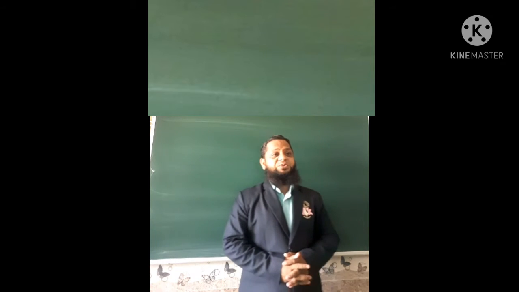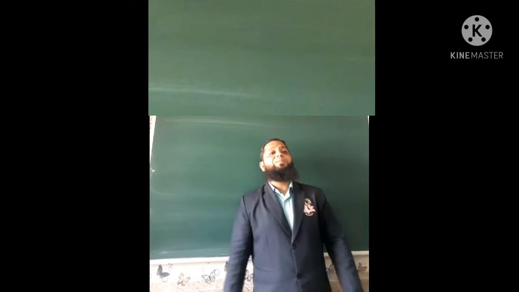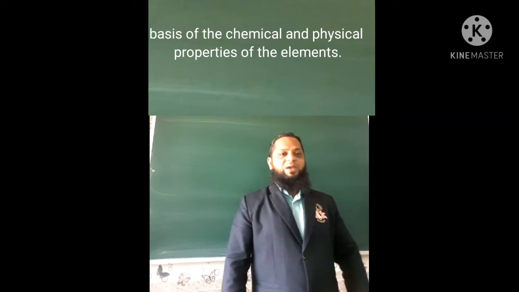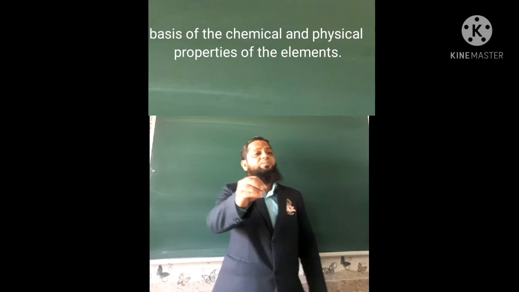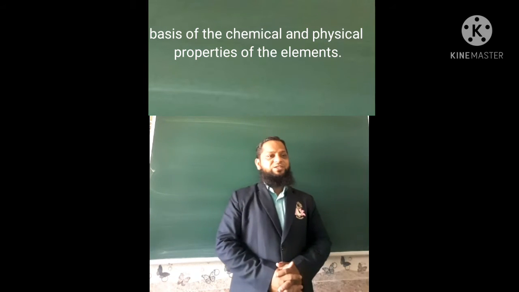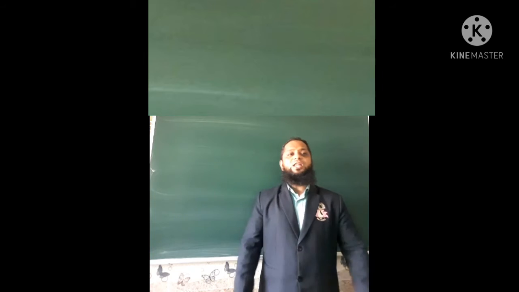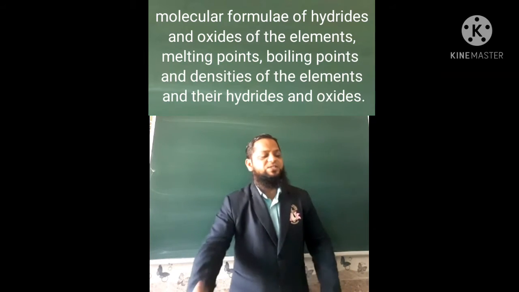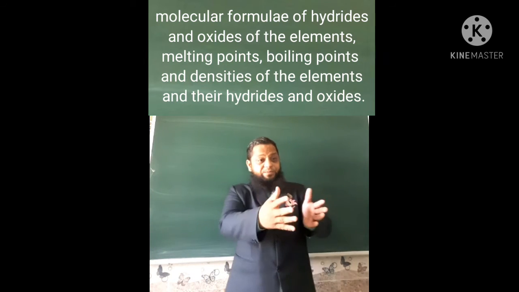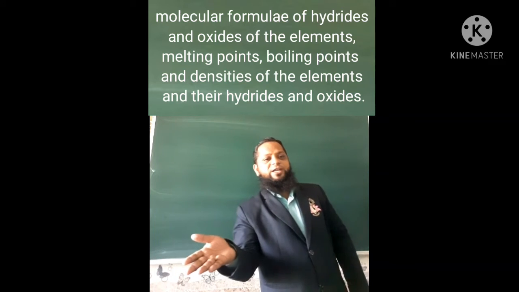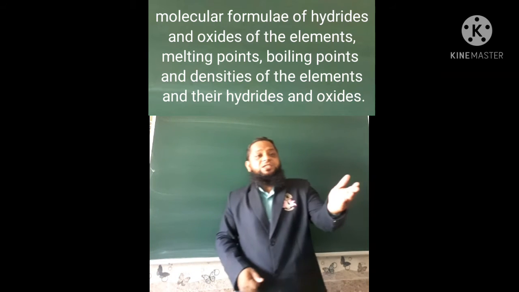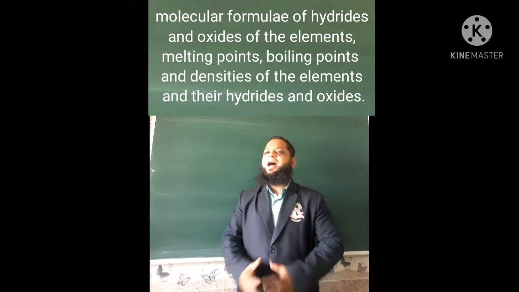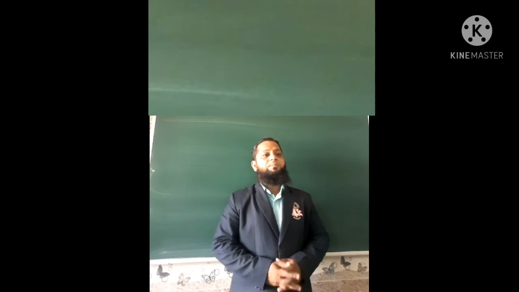Mendeleev organized the periodic table on the basis of the chemical and physical properties of the elements. These were the molecular formulas of hydrides and oxides of the elements, melting points, boiling points, and densities of the elements and their hydrides and oxides.